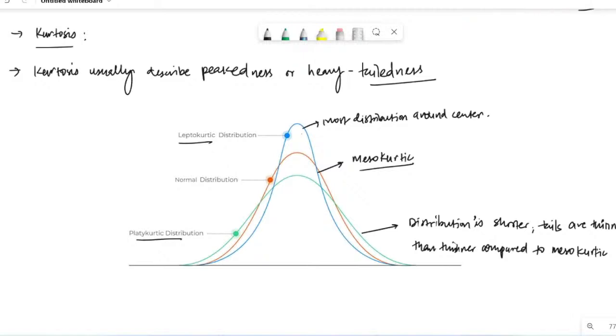So the peak is lower and broader. In this case, your data will be a light tailed distribution, and most of your data falls around the center line.